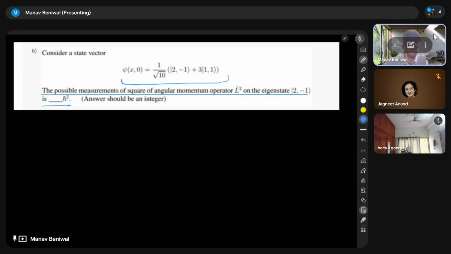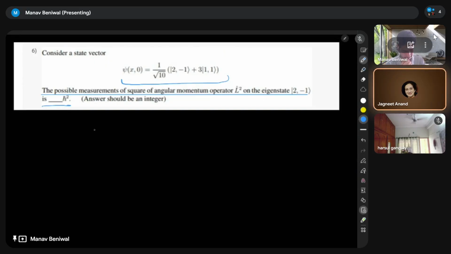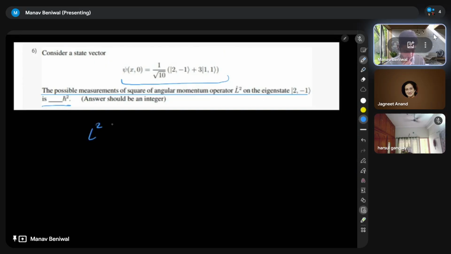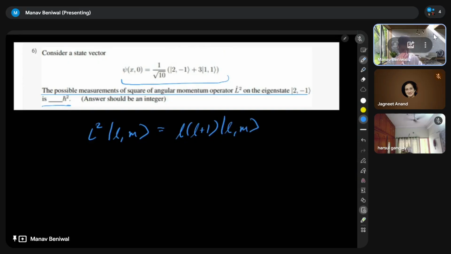We know that L square operating on a state L comma m gives us L into L plus 1 as the eigenvalue, and the eigenstate remains the same.